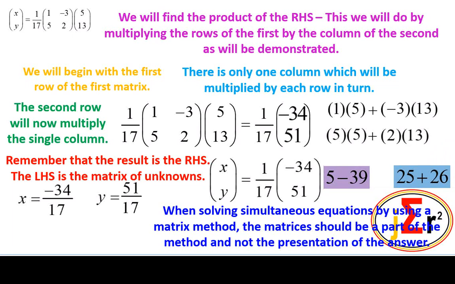You're really solving a pair of simultaneous equations, which will give you a value of x and a value of y. Therefore, when you are presenting your answer, it should not remain in a matrix form like this, but should be written ordinarily as x is equal to negative 2 and y is equal to 3.